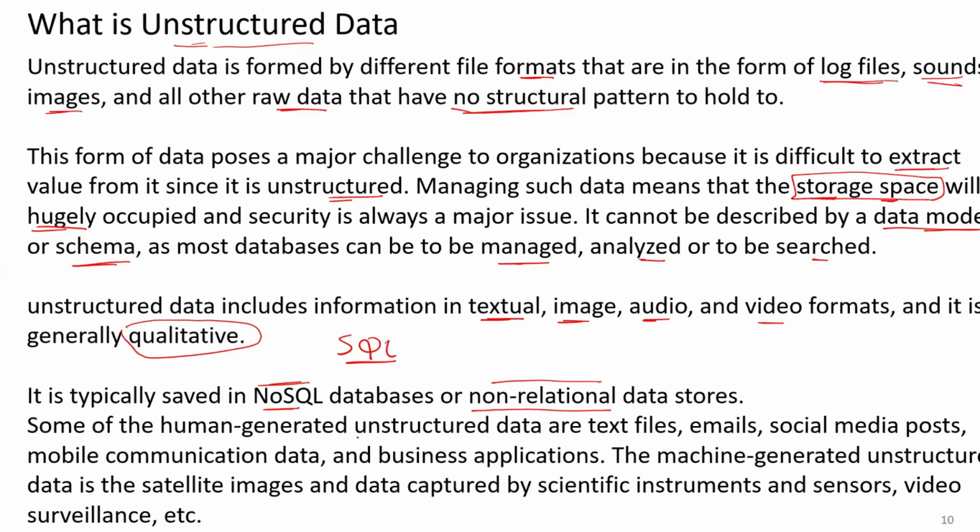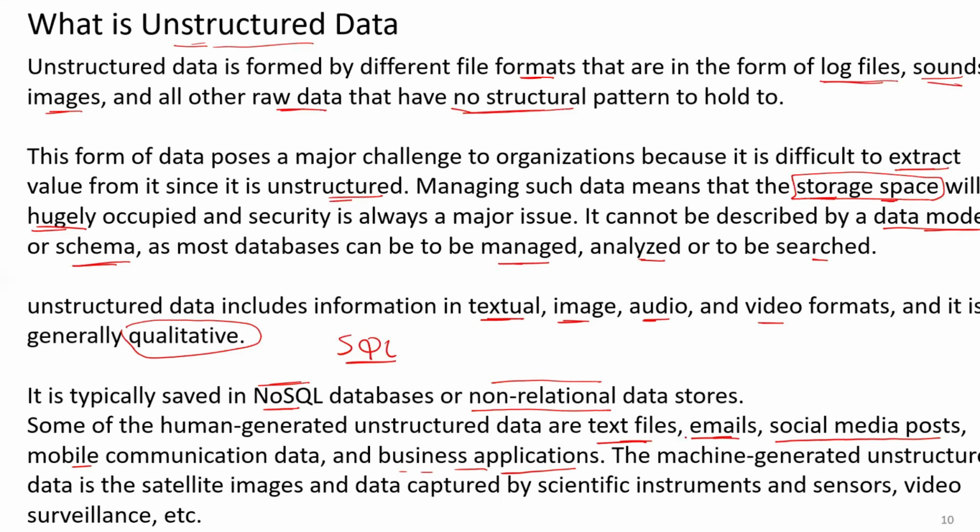Some of the human generated unstructured data are text files, emails, and social media posts. These data types, like mobile communication data and business applications, are some of the examples which we may consider unstructured.